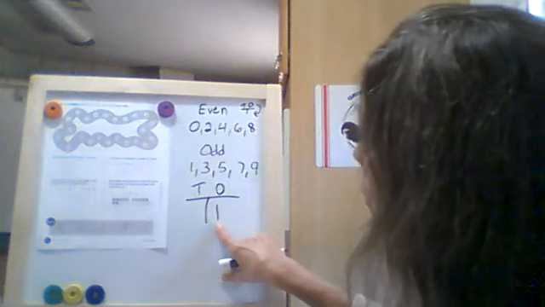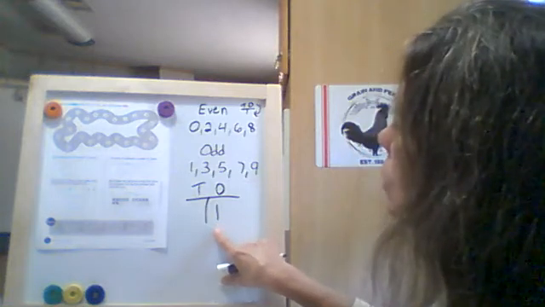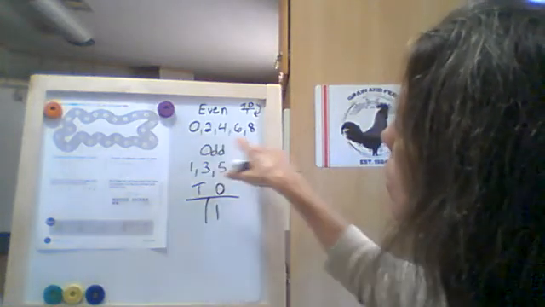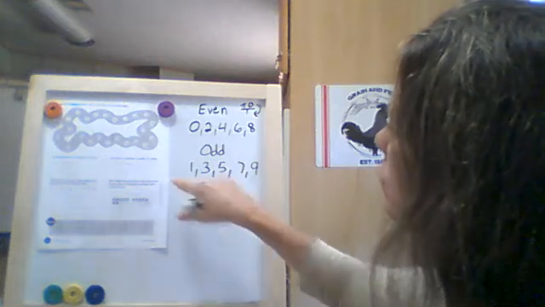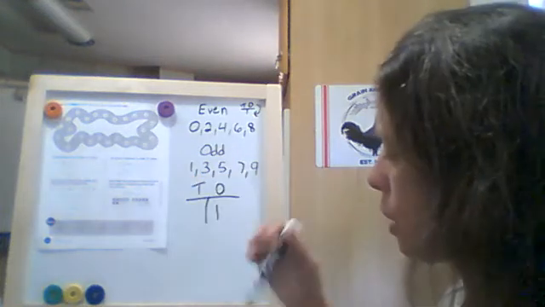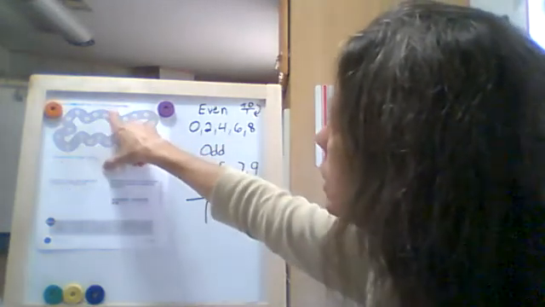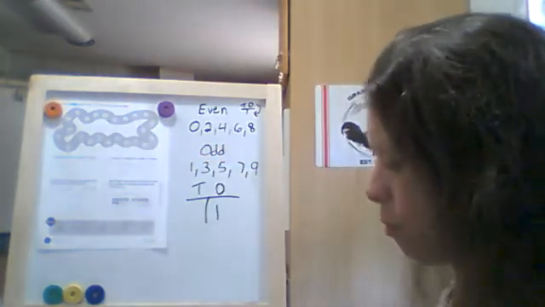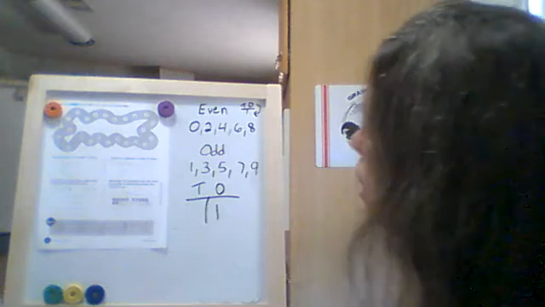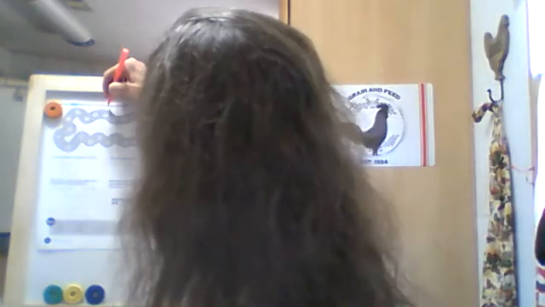So if we look at the ones place, is this number even or odd? I don't see a 1. There it is. There's 1. So it's odd. And we said our odds are going to be red or pink. Our odds, pink. So we're calling the number 1 pink.